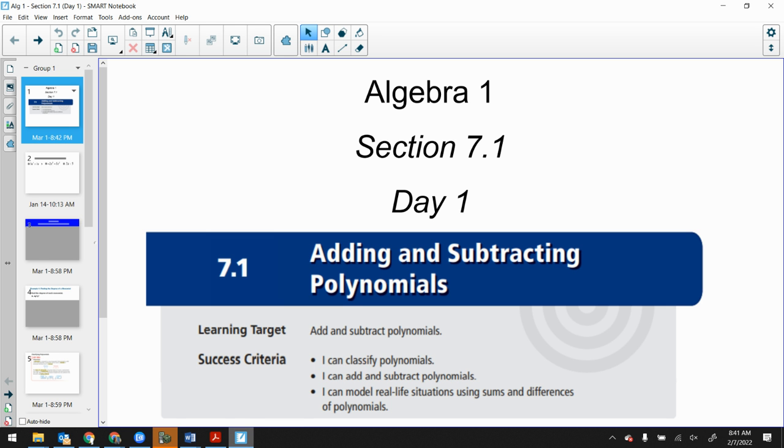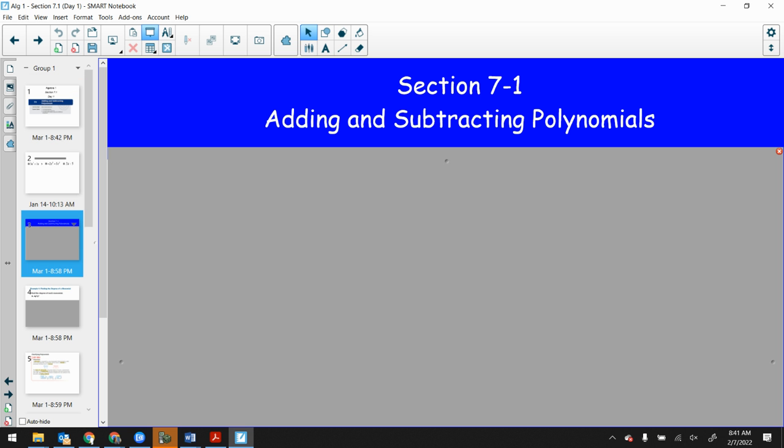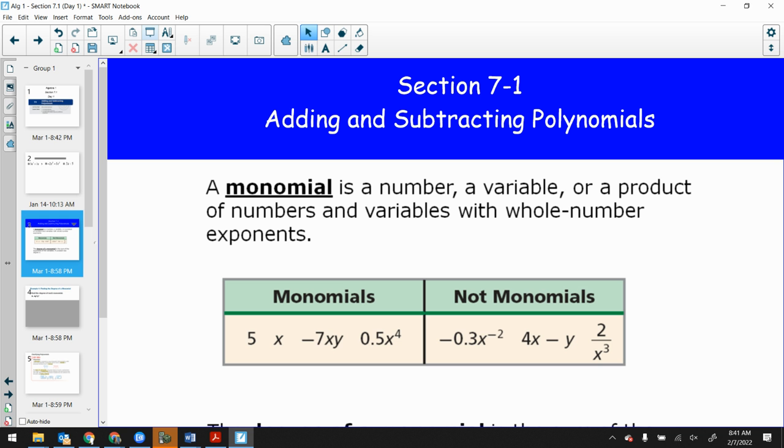Okay, so adding and subtracting polynomials. Now, the first thing we have to talk about, it's funny, this is called adding and subtracting polynomials, but we really don't get to start adding polynomials until about 3/4 of the way through this lesson.